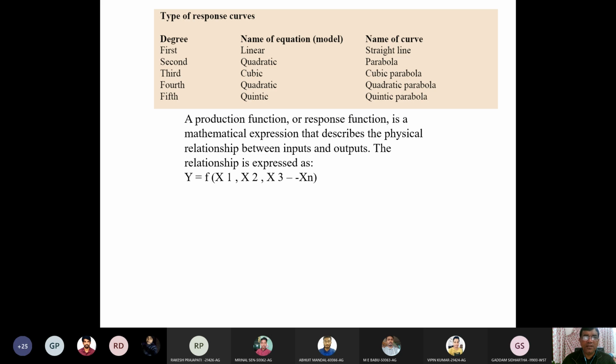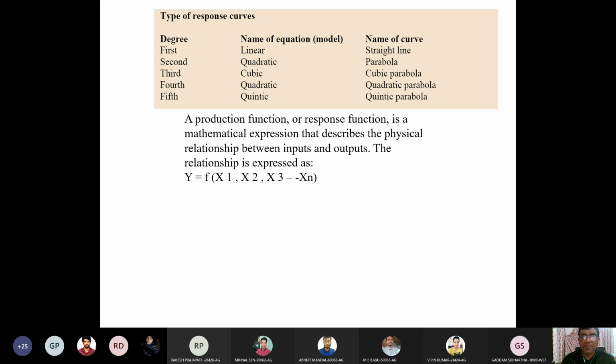There may be a second degree response equation where the power of x is 2. This is a quadratic equation and the name of the curve is parabola. Then you may have third degree, which is x cube. The equation is a cubic equation and the name of the curve is cubic parabola.